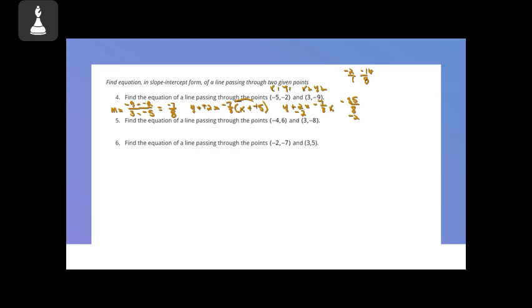So subtracting 2 means I'm actually going to subtract 16/8 so that I can combine these terms together. I have y equals -7/8 x. If I take -35 minus 16, that's -51/8. And that is the final equation for number 4.